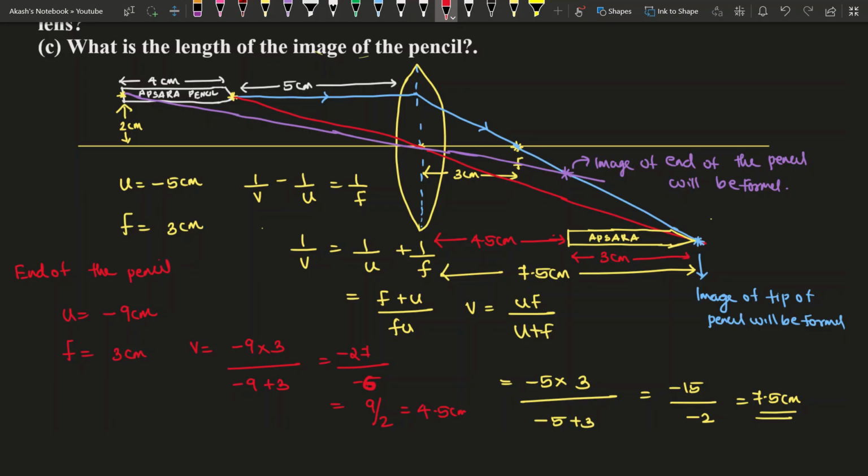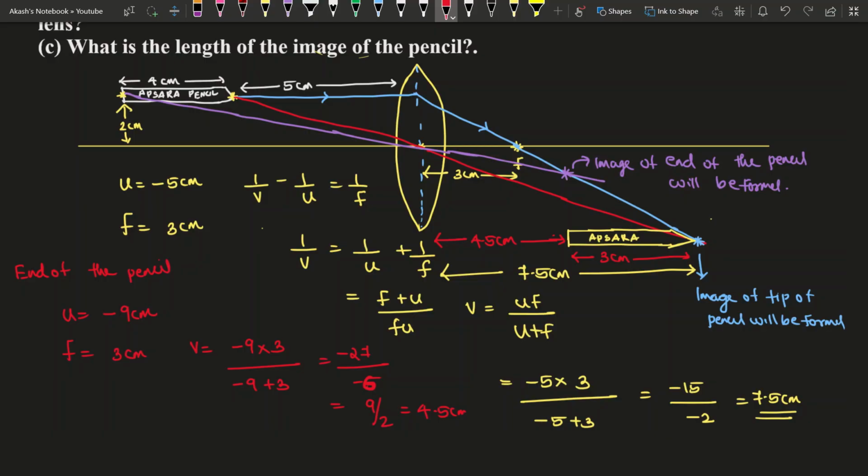One more time, since the distance between the lens and the image of the pointed end of the pencil is 7.5 centimeter, and the distance between the lens and the image of the end of the pencil is 4.5 centimeter, obviously the length of the image of the pencil is going to be 7.5 minus 4.5, that is equal to 3 centimeter.